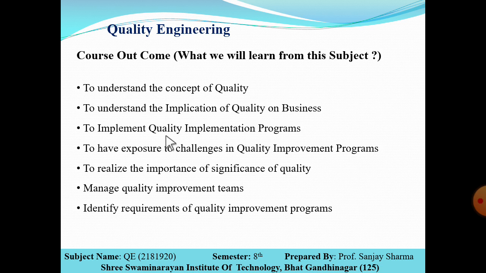The third is to implement quality implementation programs. Yes, this is a very important point, that we all want the quality, we all want to serve the best to the society, but again we have to follow certain implementation programs. I told you in the definition it says the principles and practice.